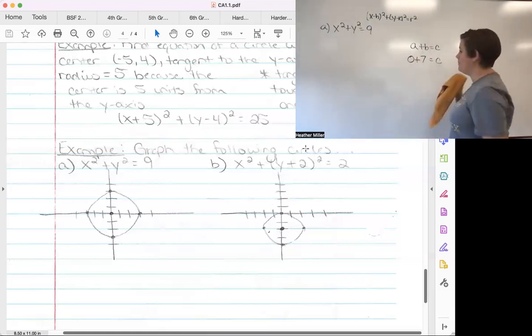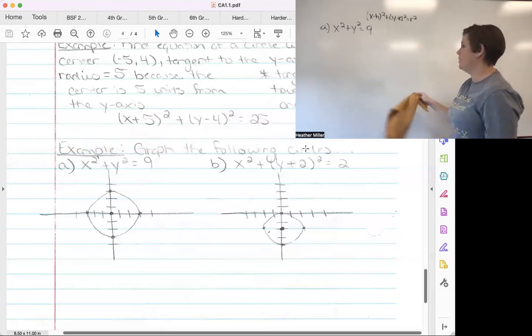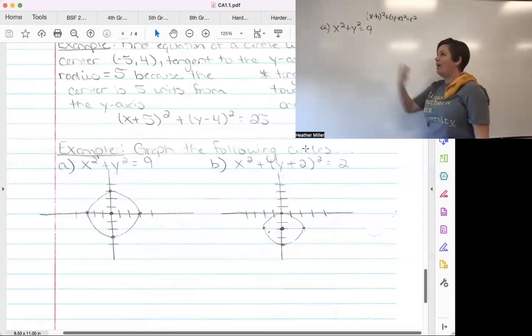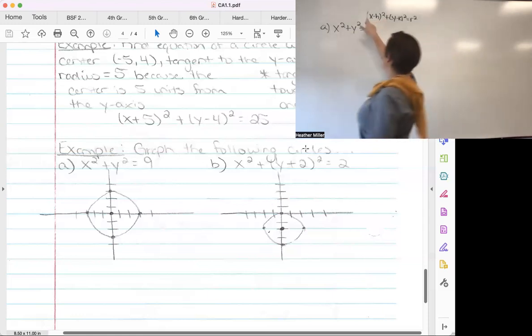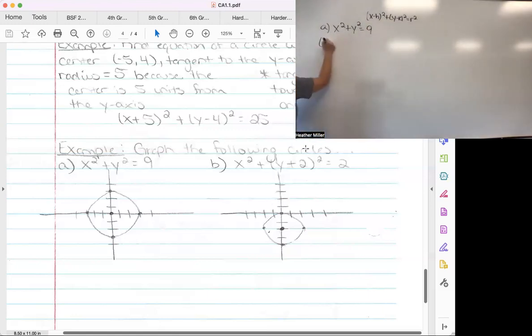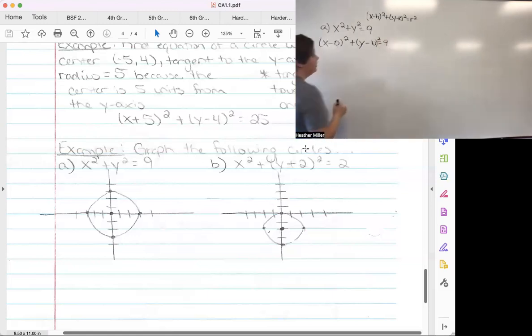That's actually what's happening over here with this problem. This is the circle equation. It's just that our x for our center is 0. We would have x minus 0 squared plus y minus 0 squared equals 9.